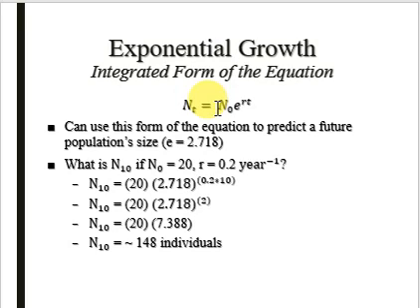So this equation at its roots is very similar to the geometric equation that we had talked about for geometric growth. But in this form, e to the power of rt is essentially replacing that value of lambda.